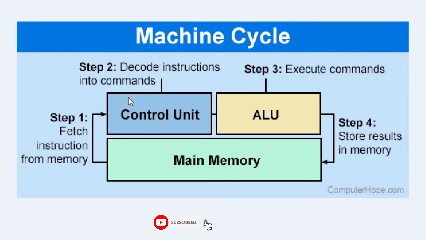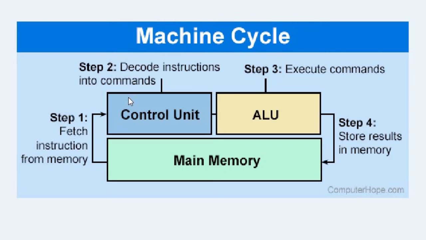When you buy soap, most of the time they come in packs, right? By the time you unpack the soap, you have decoded it. You have opened it to know what it has inside. So the control unit is the unit that will decode that instruction and convert it to commands. It is a command that the computer understands. Are you following me?